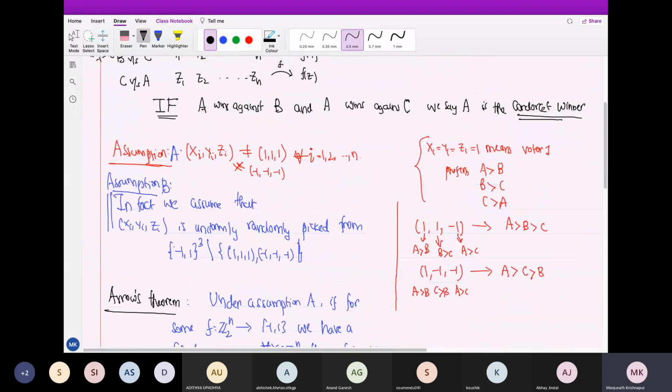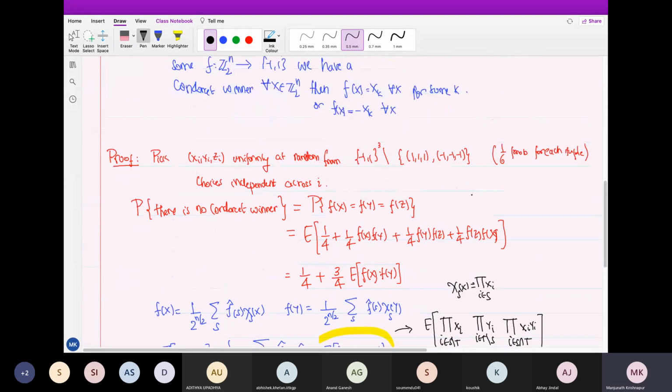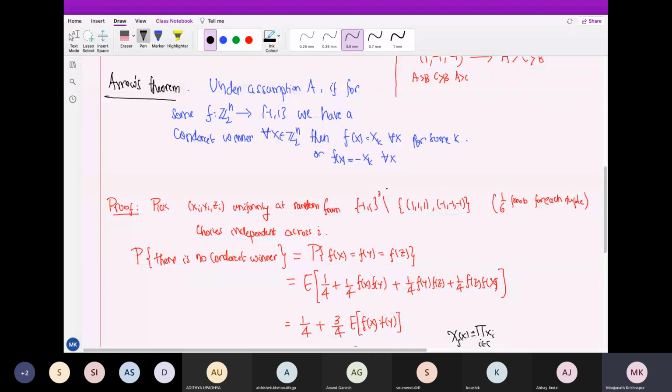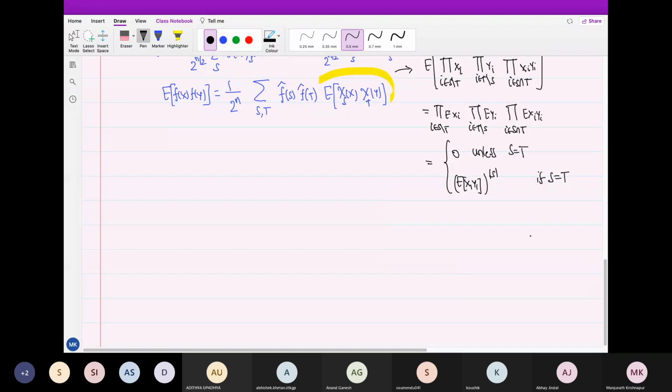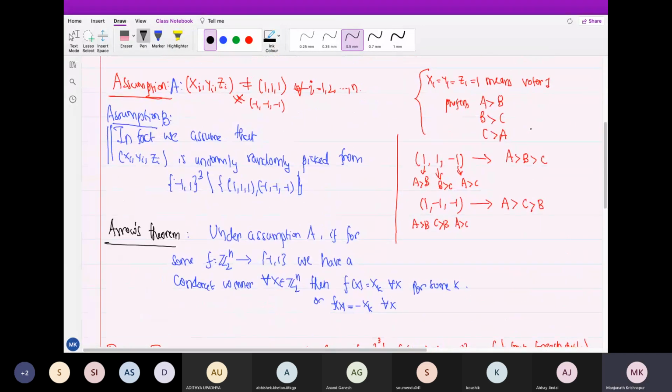xi, yi, zi are picked uniformly randomly from these things. So what is expectation of x1 y1? We can even calculate that explicitly. Under this, what are the possibilities?